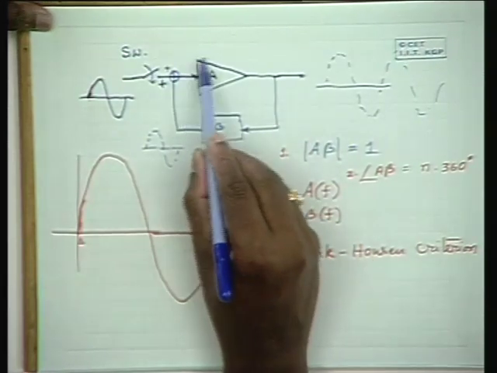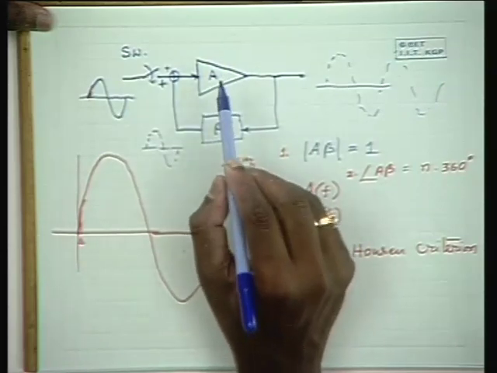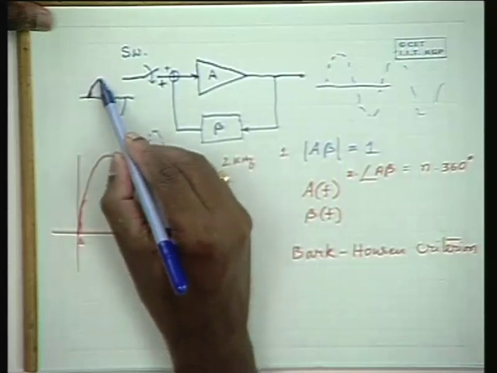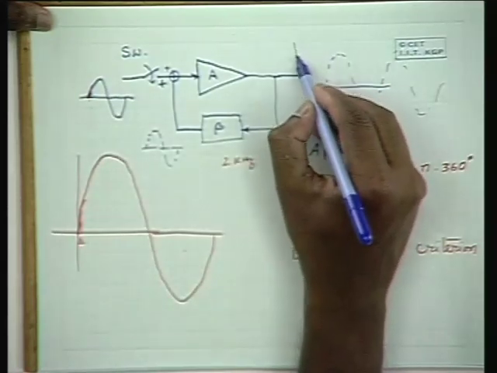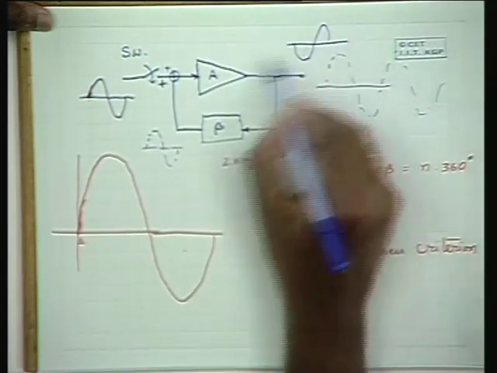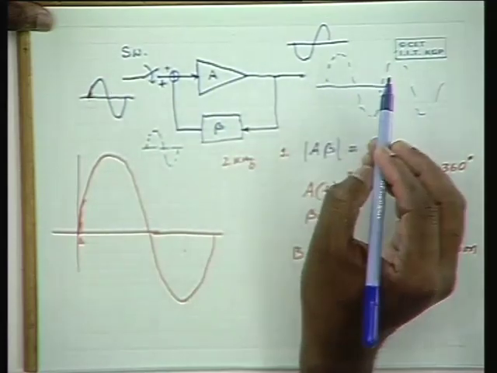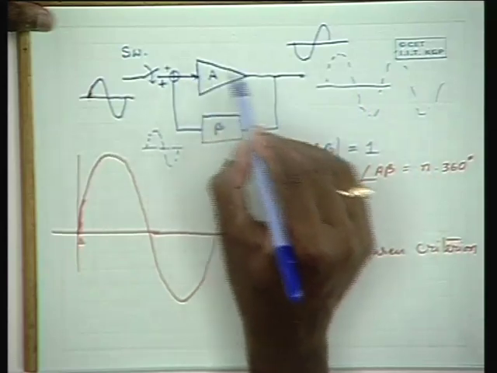That means the amplifier itself is creating a phase shift of 180 degrees in the signal. If the input signal is like this, we get an output signal which is like this. That's why the gain is negative, or there is a phase shift of 180 degrees.